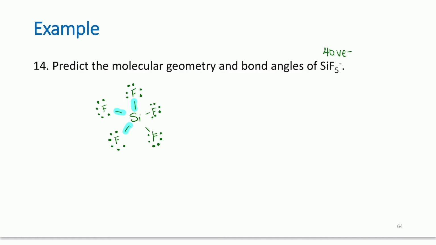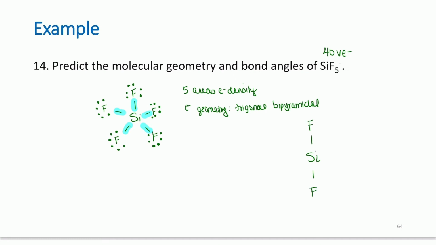So I have 1, 2, 3, 4, 5 areas of electron density, which means my electron geometry is trigonal bipyramidal. So I'm going to go ahead and draw it in that shape.